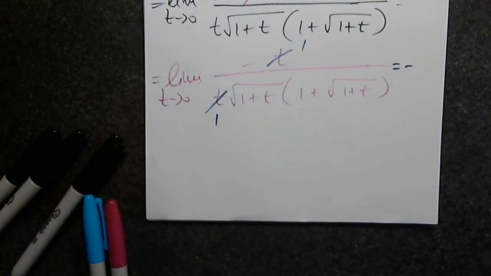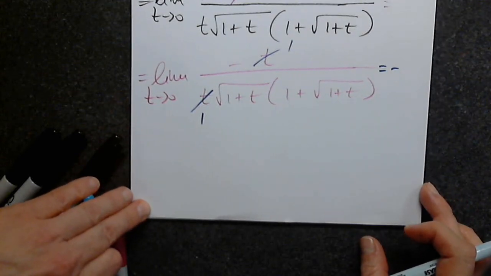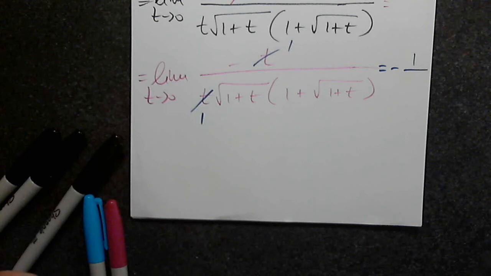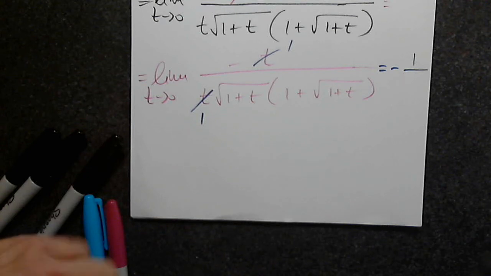Where does the numerator go? Where does the denominator go? Let's take it piece by piece.